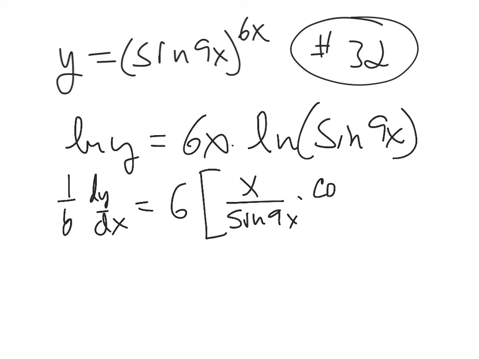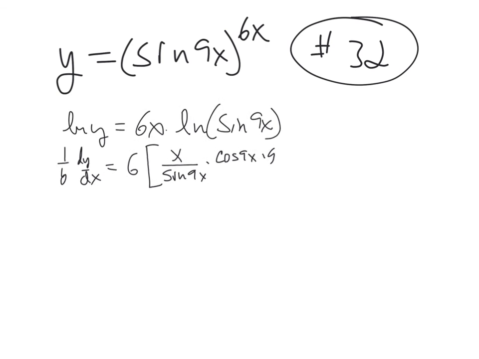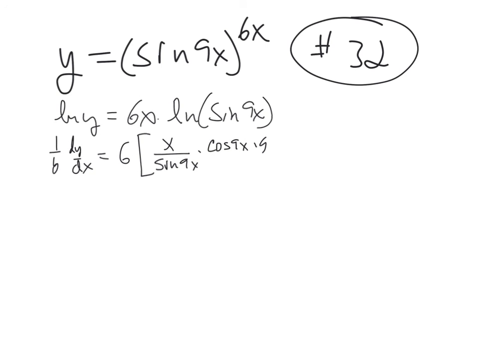This is the chain rule that I missed. Cosine of 9x times 9, right? Because it's another chain rule. Plus, the derivative of x is 1, so all I need is the ln of sine of 9x.